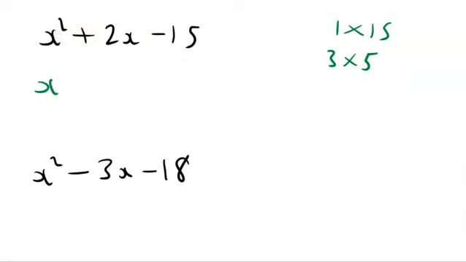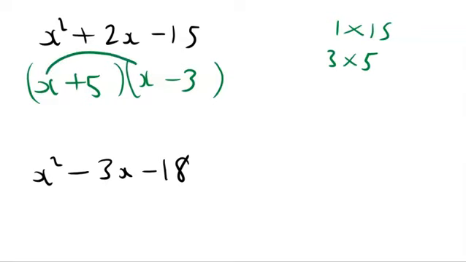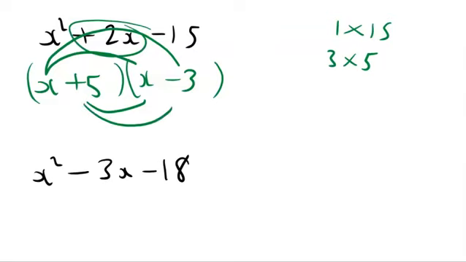So I know it's x plus, x minus, to get the minus sign at the end. And which one's which? Well, it's plus here. The bigger one, therefore, is plus. So it's 5 and 3. And again, just quickly check. X squared minus 3x plus 5x is plus 2x, and then minus 15.